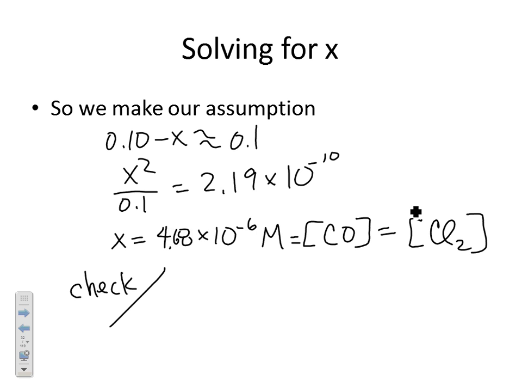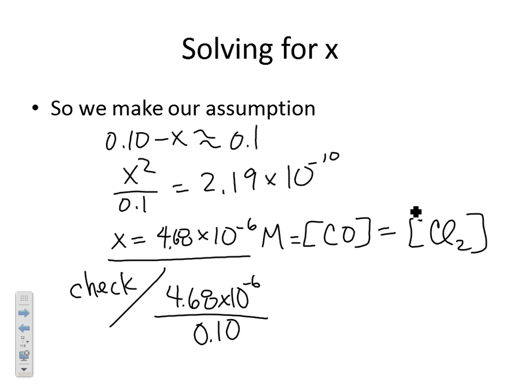The way you check your assumption to see if it's less than 5% ionized is simply do your x value, which is essentially the percent products. So you're going to do your x value, 4.68 times 10 to the minus 6, and then compare it to the thing that you subtracted it from, 0.1. You want to make sure that x is less than 5% of the thing that you compared it to. So I'm checking to see that x is in fact less than 5% of 0.1. So I'm multiplying this by 100 because it is percent.